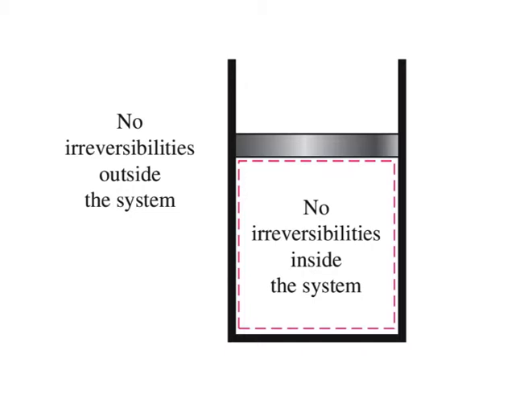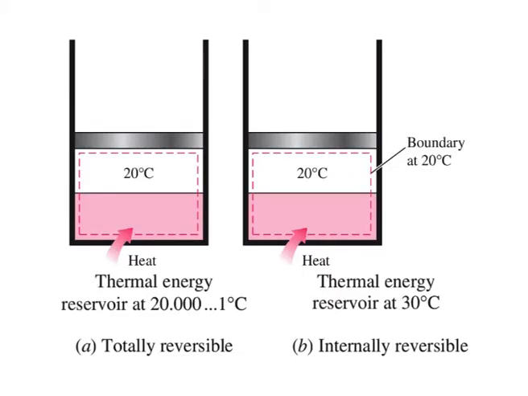A totally reversible process involves no heat transfer through a finite temperature difference, no non-quasi-equilibrium changes, and no friction or other dissipative effects. As an example, consider the transfer of heat to two identical systems that are undergoing a constant pressure phase change process. Both processes are internally reversible since both take place isothermally and both pass through exactly the same equilibrium states.